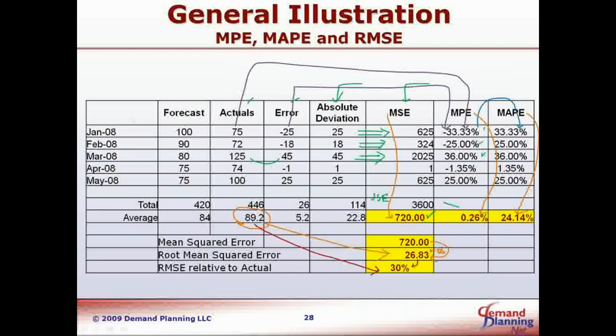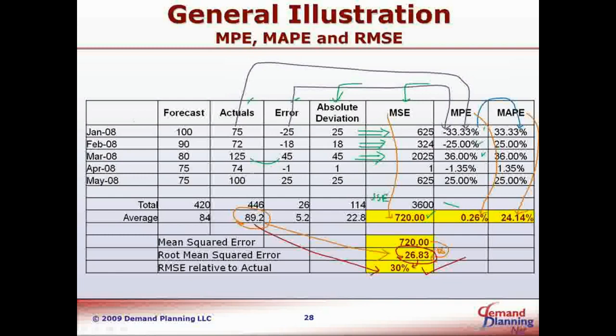So think about this. The 26.83 is not a percentage. It's actually in units. Which means the 26.83 is comparable to the scale of this observation. The average demand for this particular item is 89 units, 89.2. So you can relate to the average monthly demand.